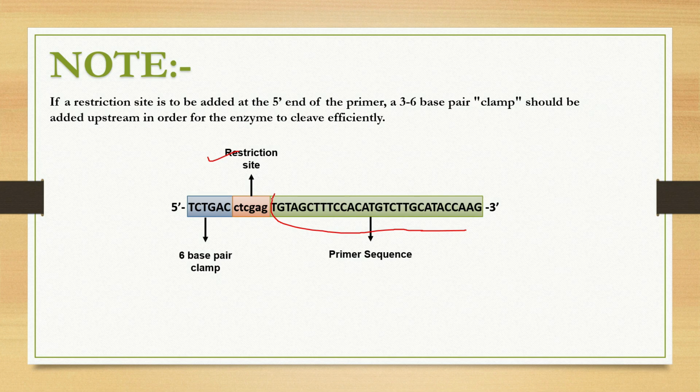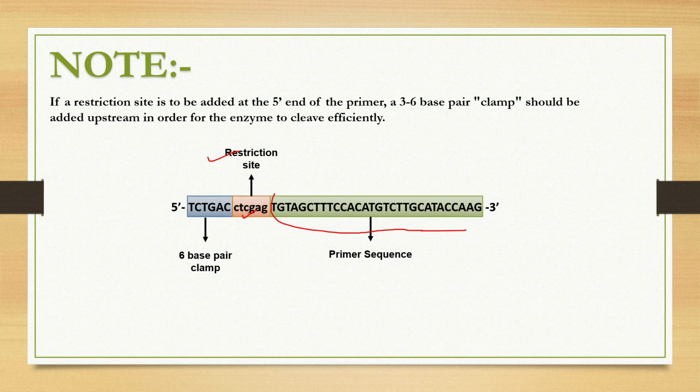So you have a vector in which you have to insert a specific gene sequence at the Zoo restriction site. So what will you do? You will prepare a primer which is specific for your targeted gene sequence, and at the 5' region upstream to this primer you will add the restriction site for Zoo. This is the restriction site for Zoo 1.